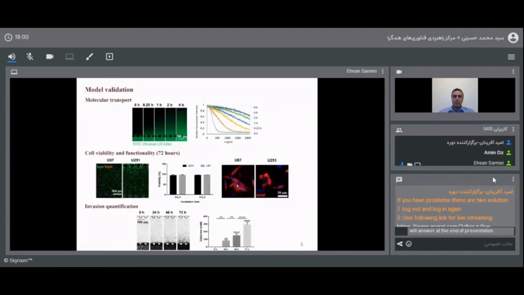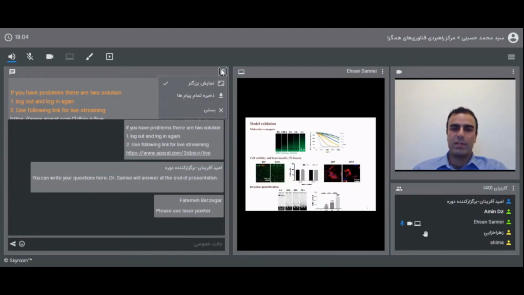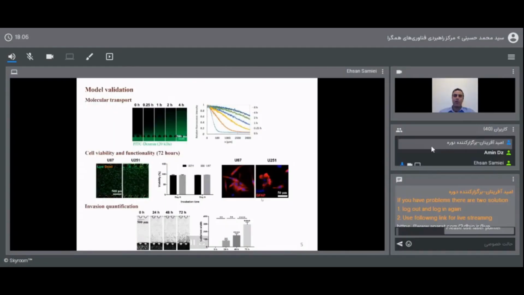And the functionality was tested by staining the cells for GFAP, a biomarker specific to glial cells. And both of the cell types expressed positive GFAP after 72 hours of culture.